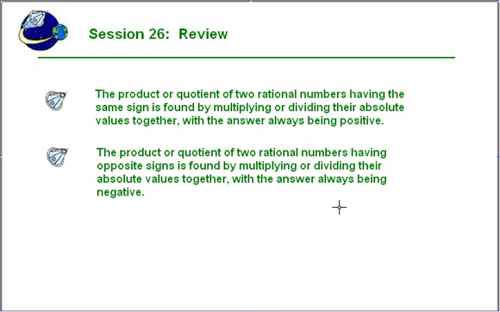So as you can see here, there's not much, if any, difference between multiplying, dividing rational numbers in comparison to integers. You use the same types of rules as far as positive times positive, positive times negative, negative times negative, and the same with the division as well. Okay, that'll finish up session 26.